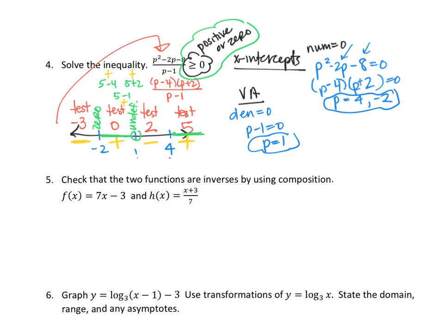We never want to touch that value. And at 4, we were a 0. So we do want to include the zeros because we had the equal to part there. And so the intervals we're talking about are from negative 2 to 1, and then from 4 to infinity.